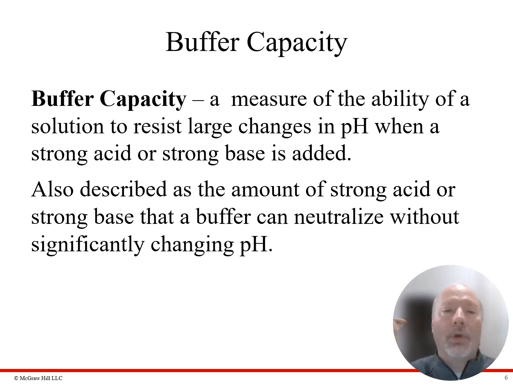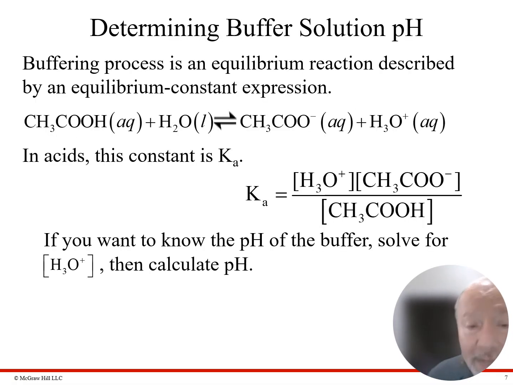And of course, these go into water solutions. And then we deal with hydroxide and hydronium cation, which we know can come from water. In pure water, it's actually present in very small amounts. Now, determining the buffer pH: the buffering process is an equilibrium reaction. So we're back to Keq or Kc. So we can put the concentrations of the products over the concentration of the reactants. In this case, for a buffer, it gets a lot more specific.